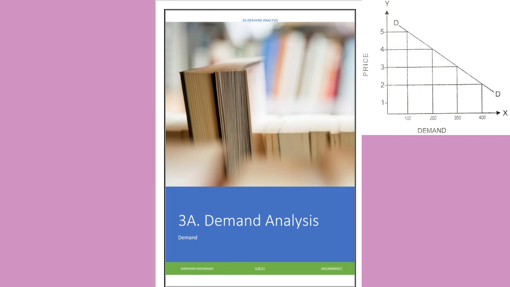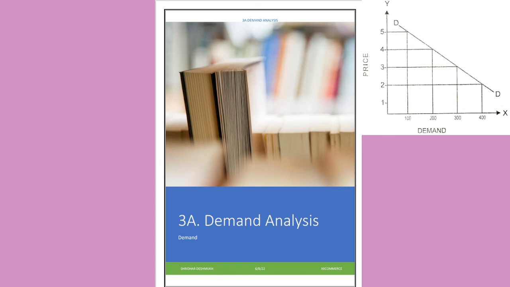Due to these determinants there are fluctuations in demand. There are a total of 11 to 12 factors given in our textbook as determinants.